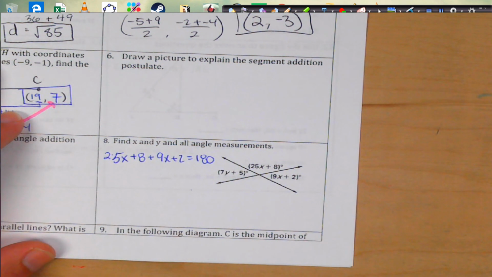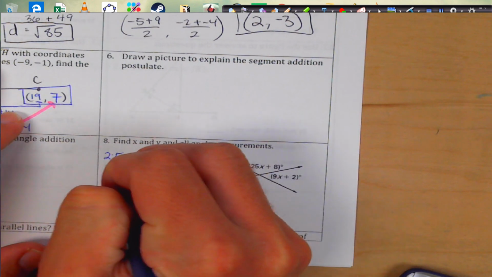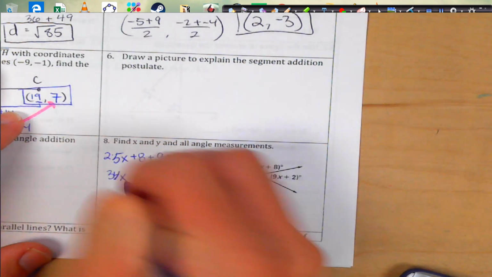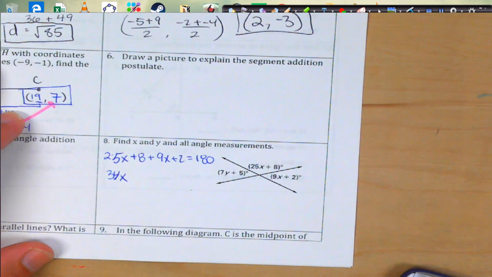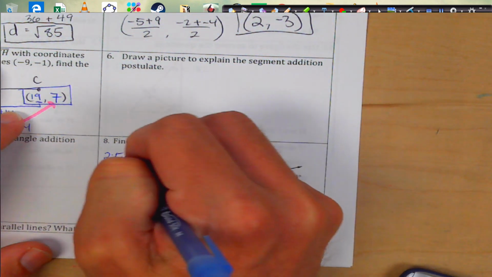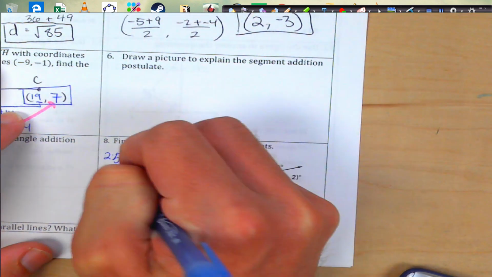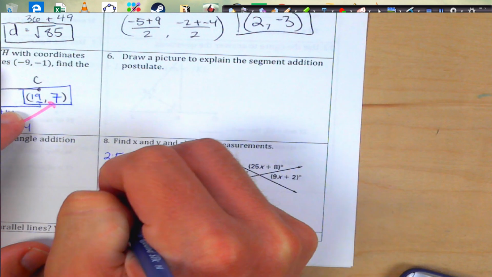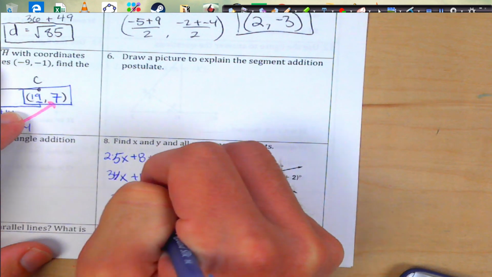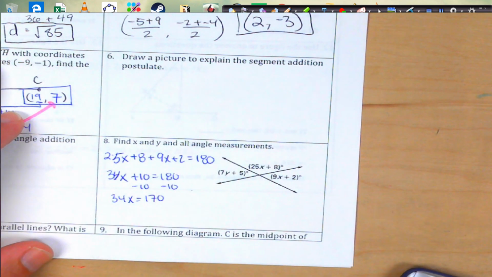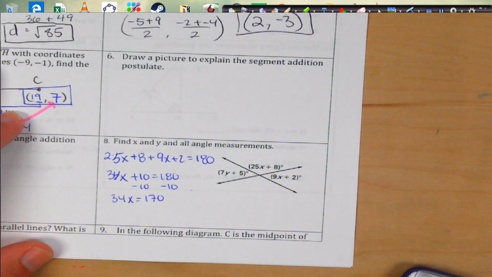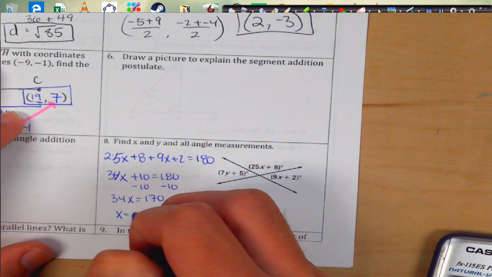So I know my vocabulary, I know how to find a picture and make sense of it. So we're going to get 34x, and then 8 plus 2 is 10, equals 180. Subtract the 10, and we get 34x equals 170. And so 170 divided by 34 is going to give us x equals 5.